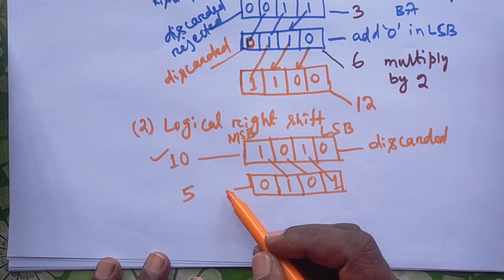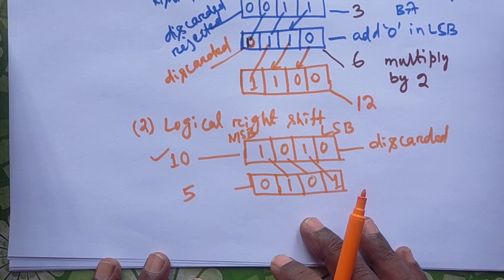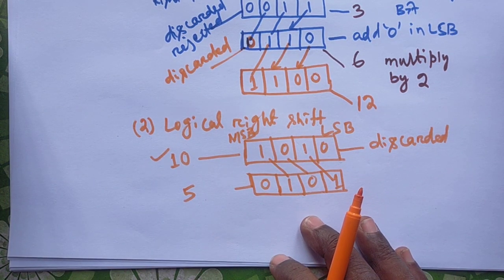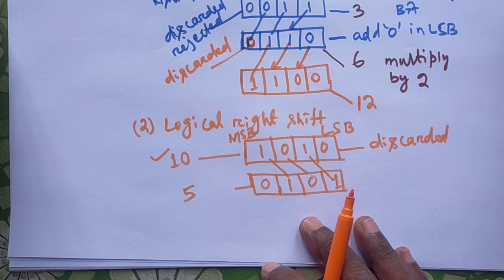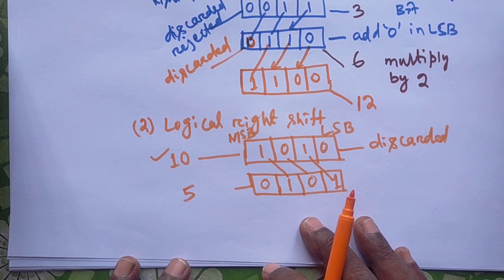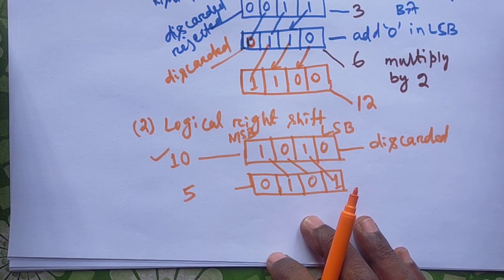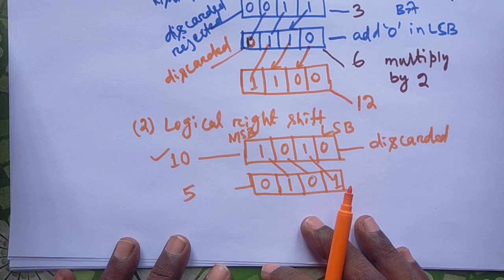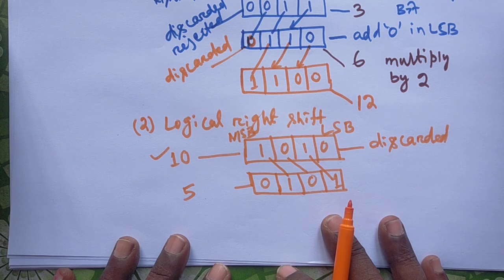It is a very simple way. We can shift our data from left to right or right to left. Similarly, different ways we can consider. There is no problem. Either we take 8 bits, 4 bits, 16 bits or any data, it doesn't matter.